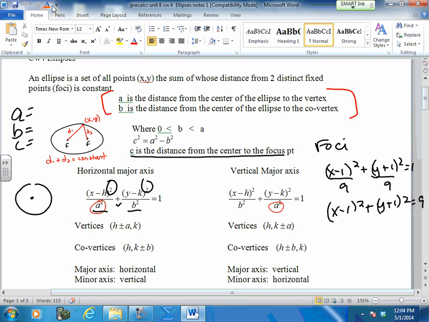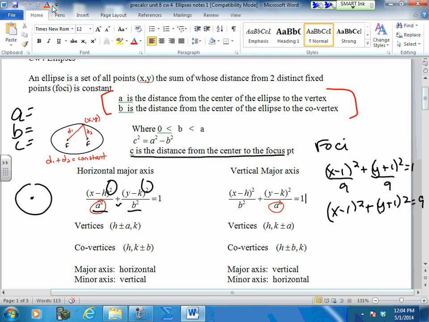And again, we have some nifty little formulas that are not as important to memorize, because we're going to place these on your graph. And believe it or not, these words are going to make more sense than memorizing your formulas. What you do have here is a major axis versus a minor axis.